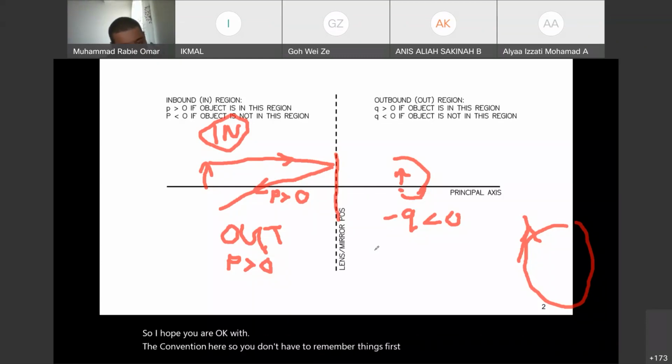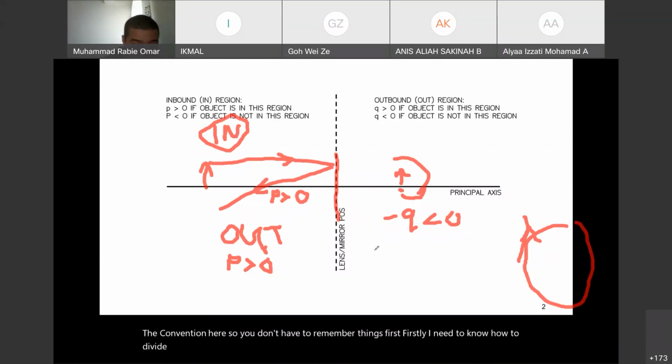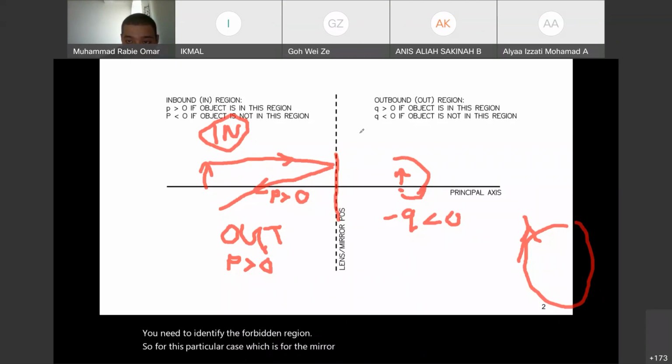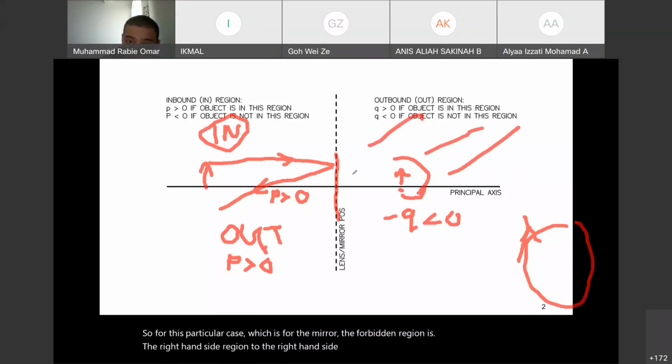Firstly, I need you to know how to divide the region into 2 sub-regions. And then you need to identify the forbidden region. So for this particular case, which is the mirror, the forbidden region is the right-hand side region. So the right-hand side region here is actually behind the mirror.